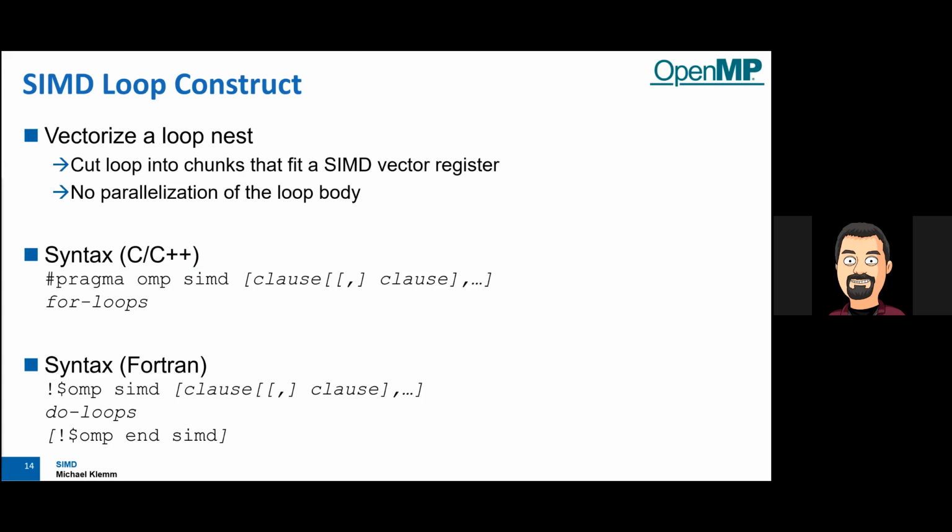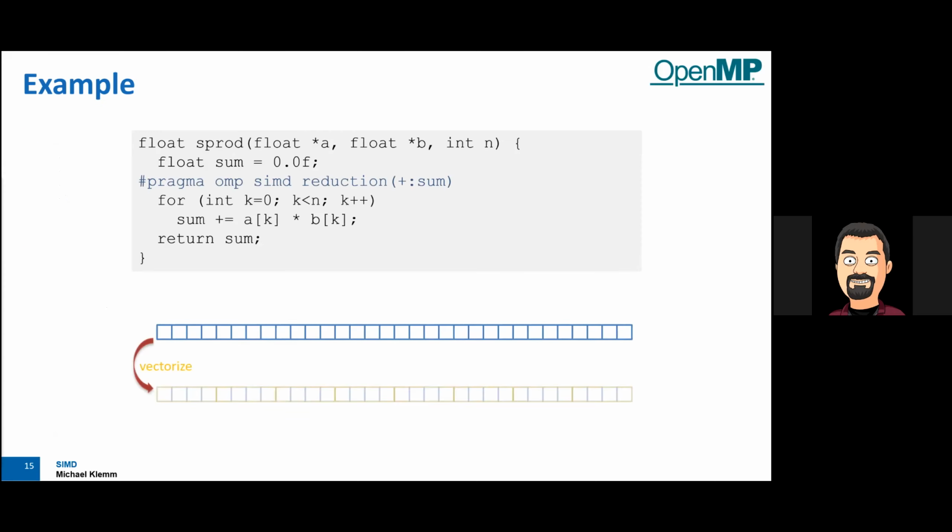Okay, so the idea of the SIMD pragmas, and you're seeing the syntax on the slides here, is that we cut the loops into chunks that fit a SIMD vector register, but we don't parallelize the loop in any way, right? So this is how it looks like. You add it on top of your loop, and you tell the compilers that there are no data dependencies, that, for instance, the floating point operations in terms of a reduction can be reordered, and that you accept that there's a difference in accuracy and the bit representation of the result.